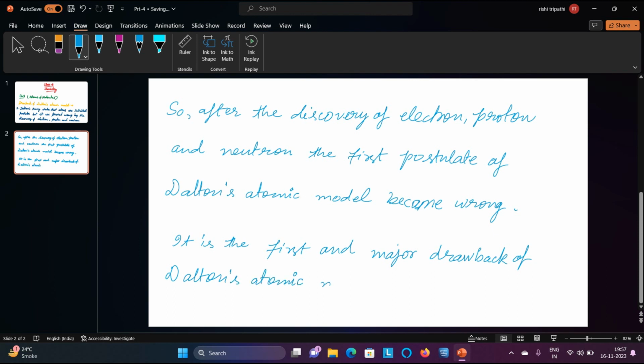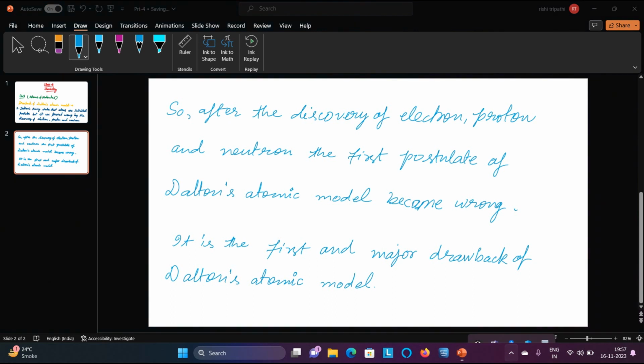So if the question asks what is the major drawback of Dalton's atomic model, the answer is that atoms are indivisible particles.